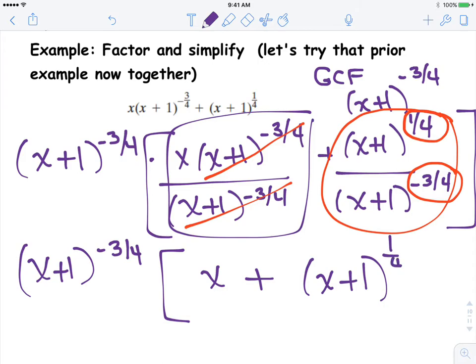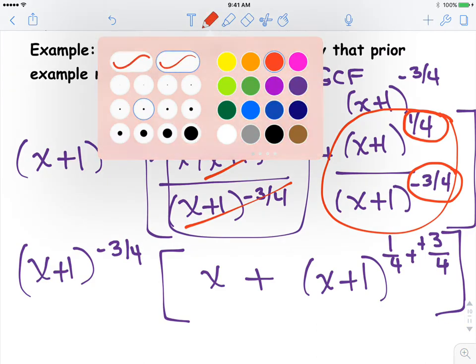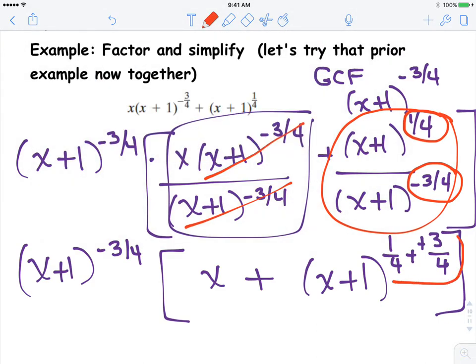So 1/4 minus negative 3/4. Now 1/4 minus negative 3/4 becomes an addition. To simplify, we add those exponents together. So 1/4 plus 3/4 is 4/4, or 1.